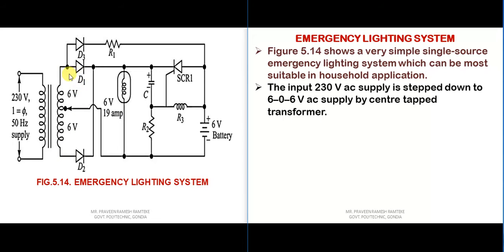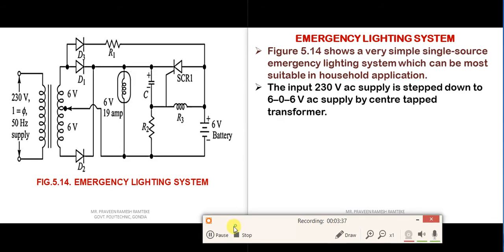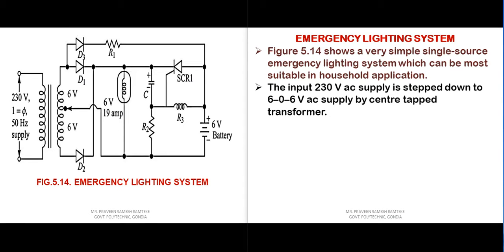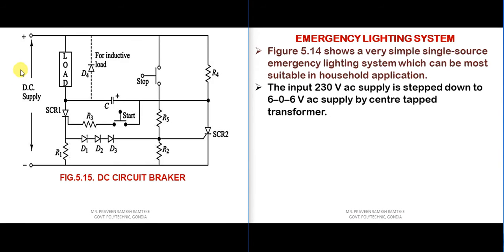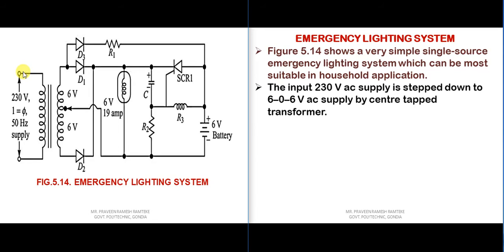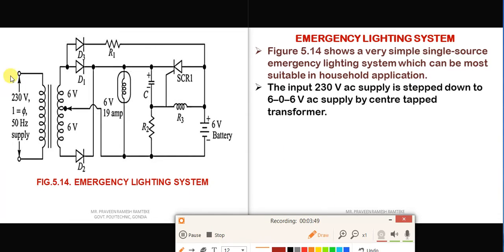The output of this transformer is 6-0-6 volts. This is a center tap transformer. This is the primary winding. This is the secondary winding.